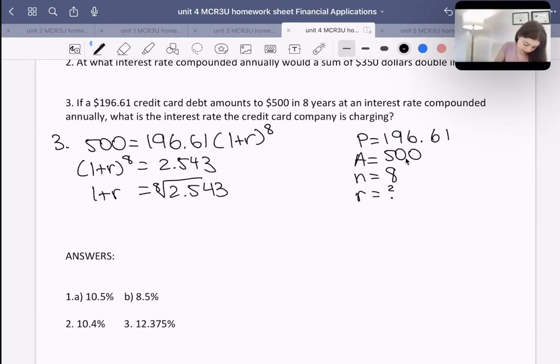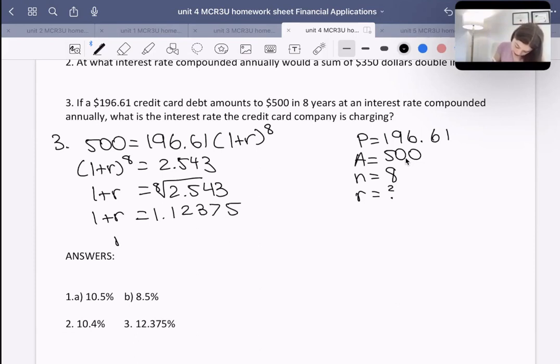So we would like the 8th root of 2.543, and that's going to be 1.12375.